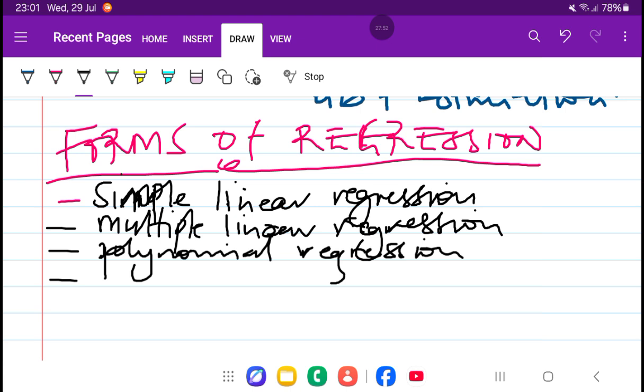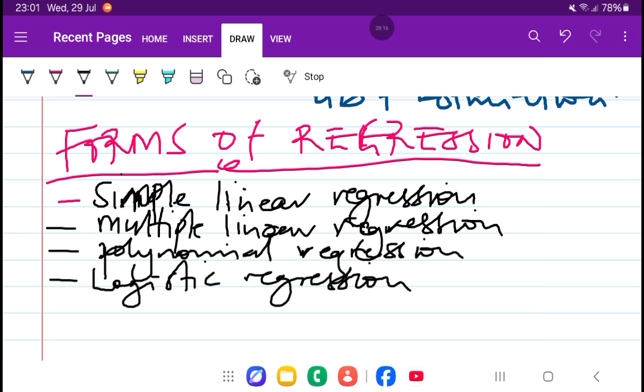Then the other one, we have what we call the logistic regression. Of course, the logistic is used when the dependent variable is categorical.